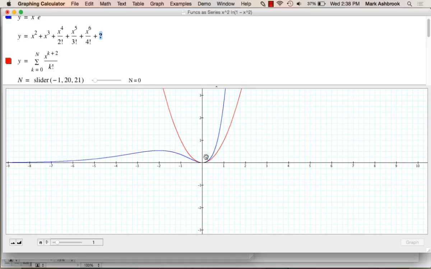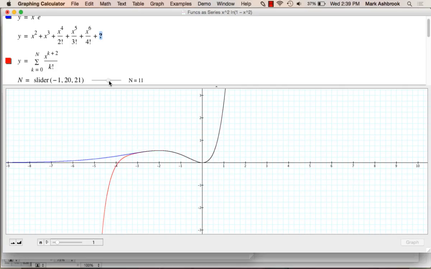It doesn't do a very good job except right around 0. Now if I add the first two terms, x squared plus x cubed, notice now it's doing better a little further away from 0. Each time I add another term and look at the partial sum of this series that we got, it does a better job reproducing the function further and further away from 0. So I'll just increase n pretty fast here. These are the partial sums, keep adding a term each time.